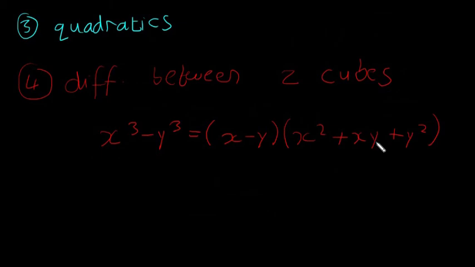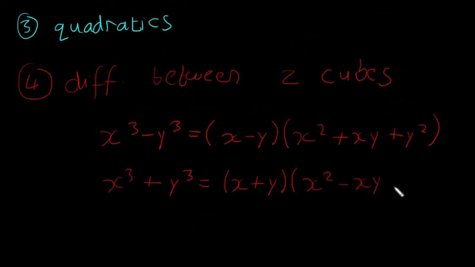So x cubed minus y cubed is going to give you this, and then x cubed plus y cubed is going to give you this one here. They're really similar. There's just a few minuses in the difference, which means it's quite tricky to learn, but plus y squared. So there they are there.